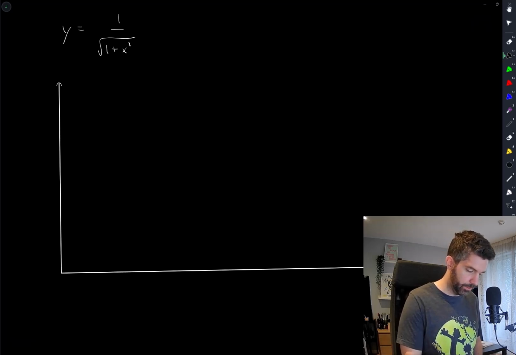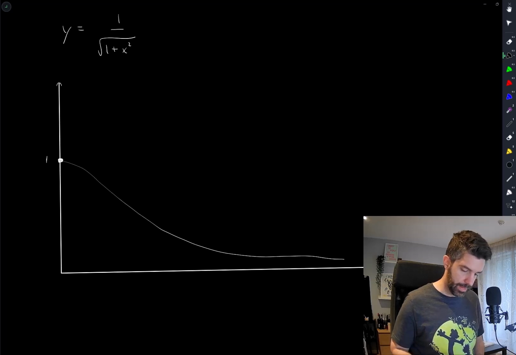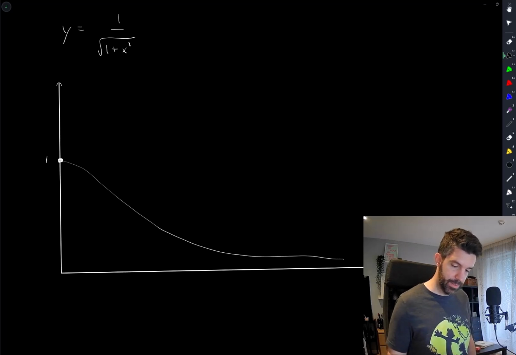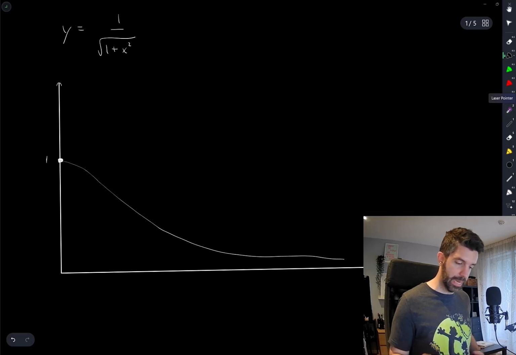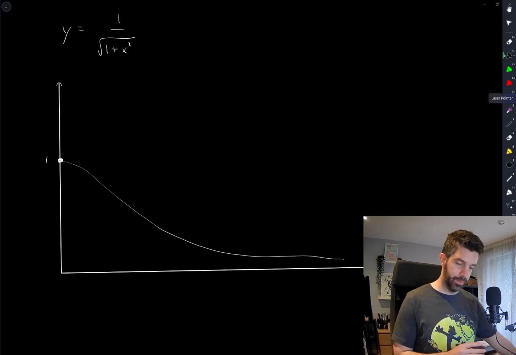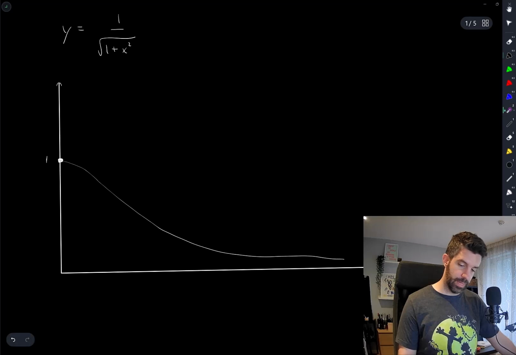When x is equal to 0, this function is equal to 1, and it clearly just decays like that in some way. I'm not terribly concerned with the exact shape, but what I do notice is that the integral we're going to have to evaluate is going to have bounds from 0 all the way to infinity, because the function never actually hits 0.